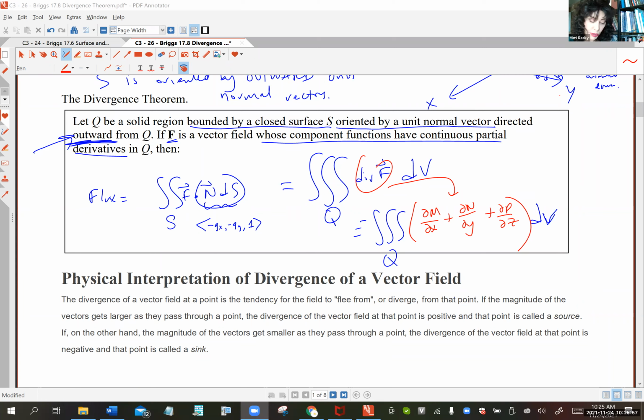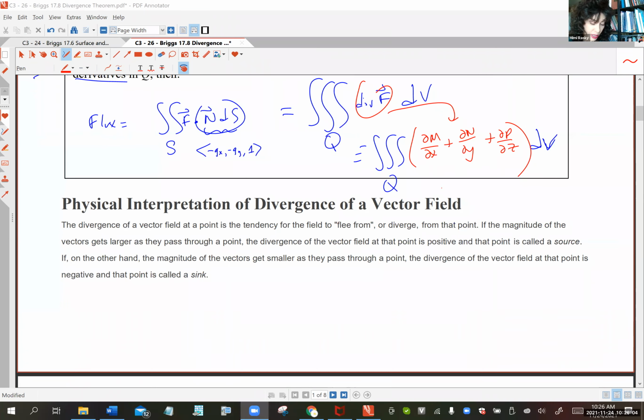So what does it mean when we're talking about the divergence of a vector field? We talked a little bit about it when we went over divergence. When you hear the word diverge, it kind of means to separate or walk away from. So it's the tendency for the field to flee from or diverge from that point.